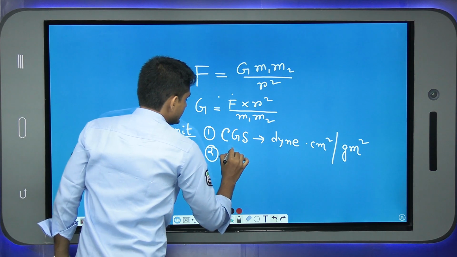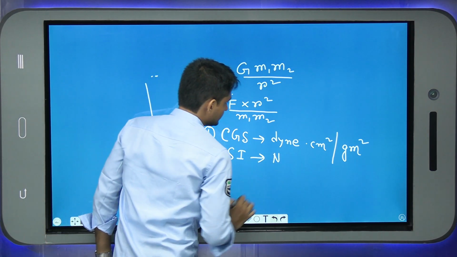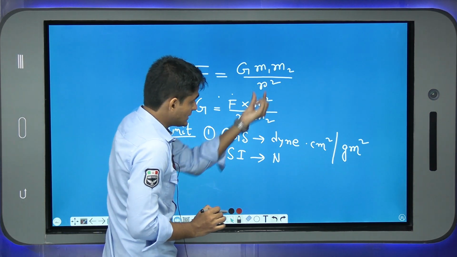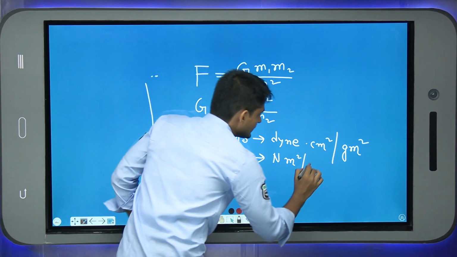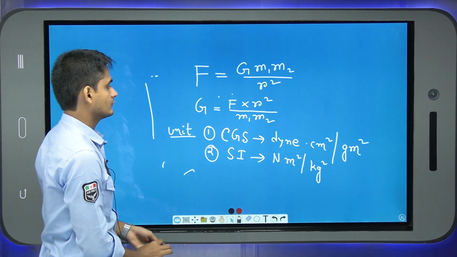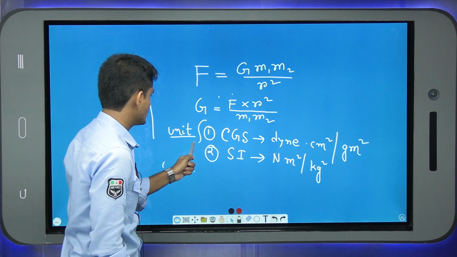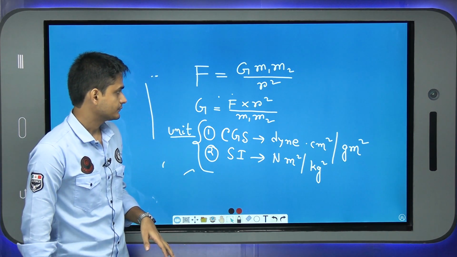For the second, the SI unit, it is Newton meter square per kg square. We have to memorize these two units for exam purposes.